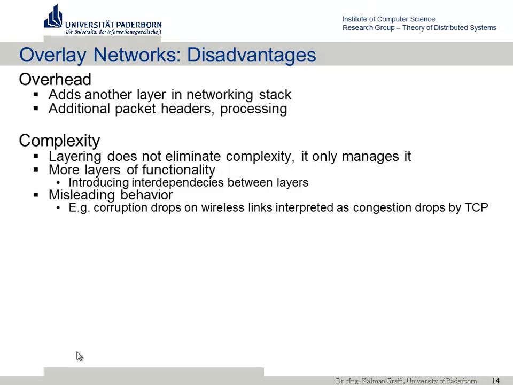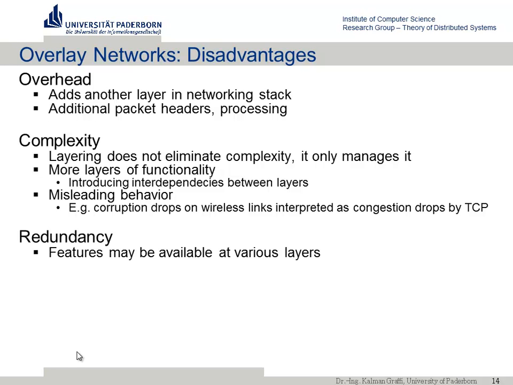And also the misleading behavior, for example in wireless networks, if due to some antenna problems or some distractions, some messages are lost, then probably TCP interprets it as congestion in the internet somewhere. So it's their interdependencies. And of course the problem might be that you have the redundancy issue, that the same functionality like error control or congestion avoidance is implemented at various layers separately.